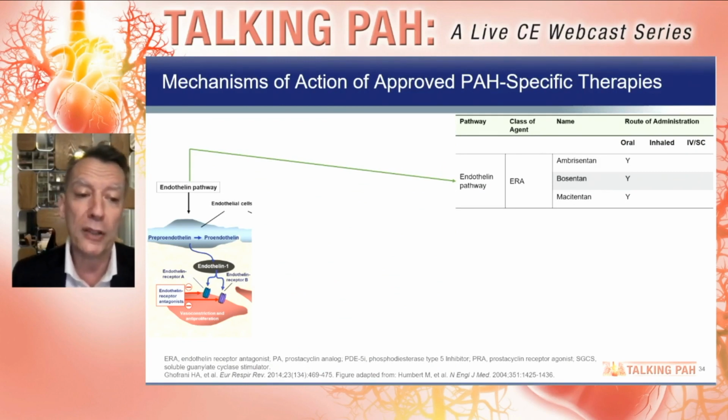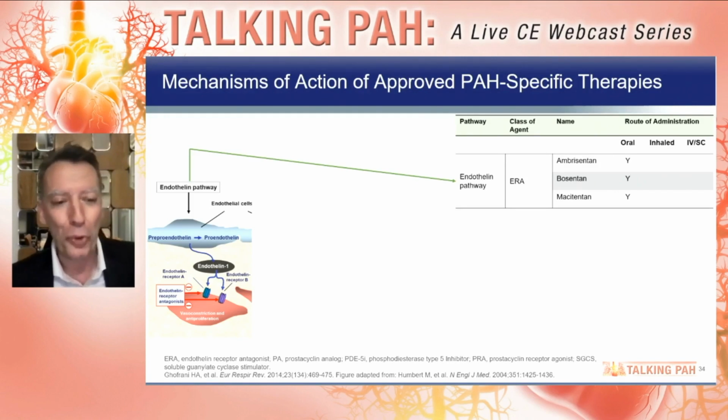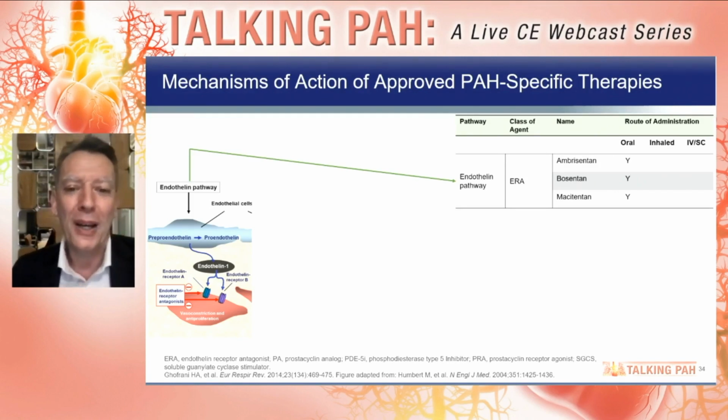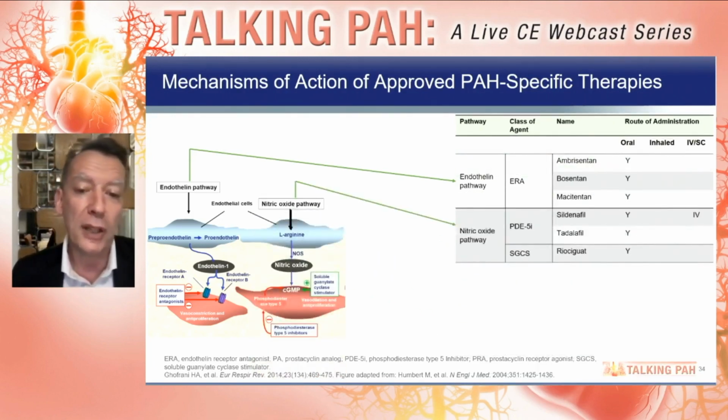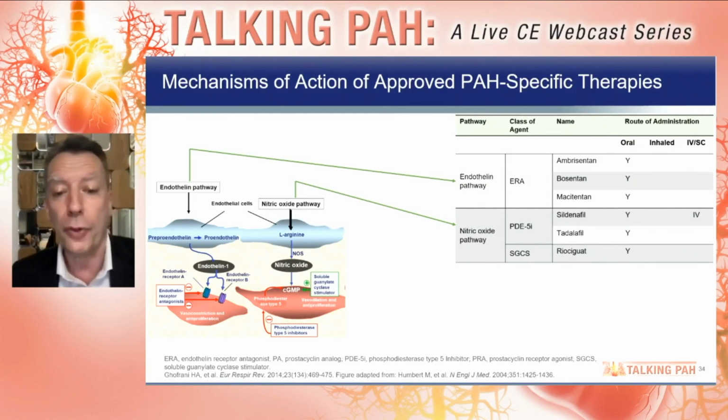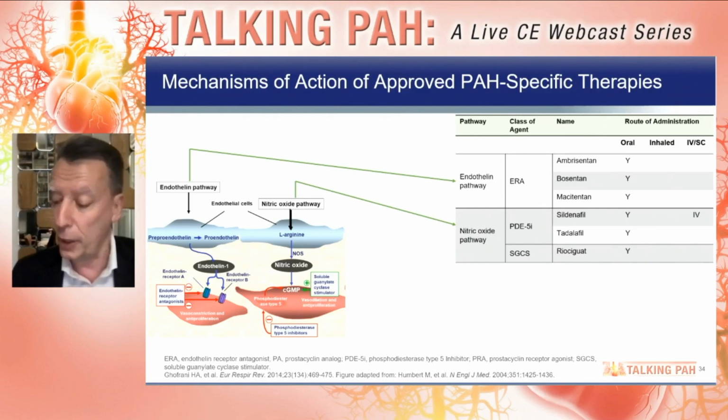And the three pathways are quite clear, in fact, in the literature. You have the endothelin pathway, which is a vasoconstrictive and proliferative pathway, and you can interfere with this pathway with endothelin receptor antagonists. Then you have the nitric oxide pathway, which is vasodilatory, and you can interfere with this pathway with either PDE5 inhibitors or soluble guanylate cyclase stimulators.